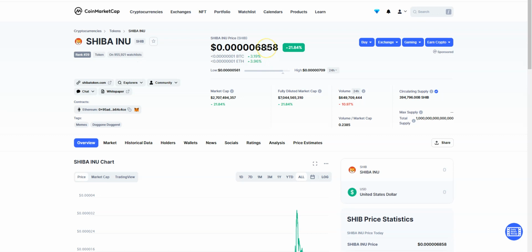The price is still really low, and none of this has happened with any sort of formal marketing at all. It's just community driven. That's how powerful the Shiba Inu community is. We're able to rank easily within the top 40 out of 10,000, and this is before any marketing has been done.